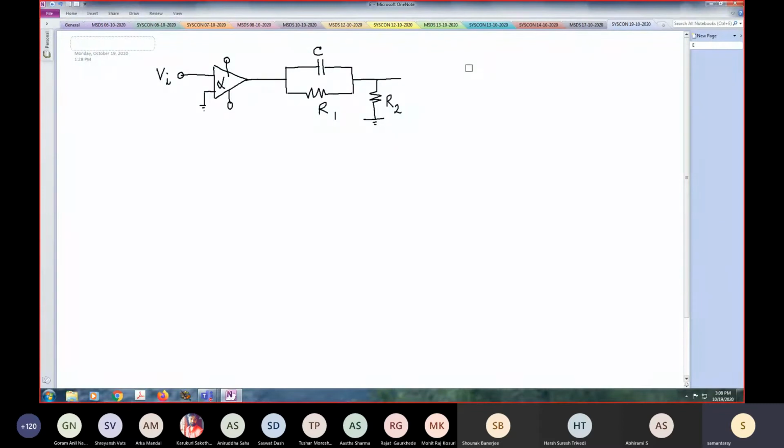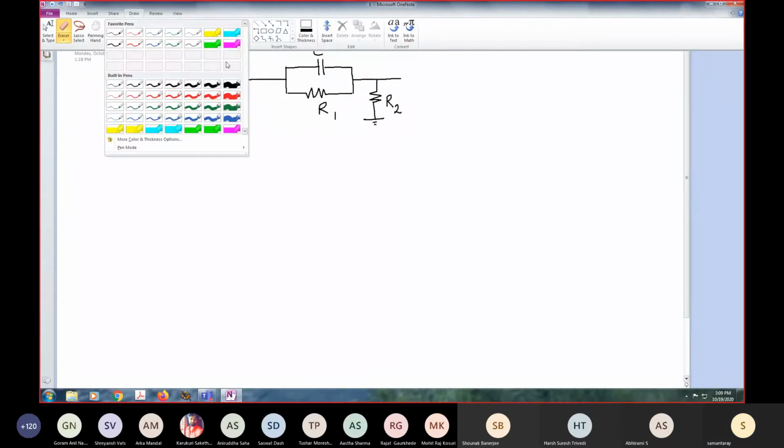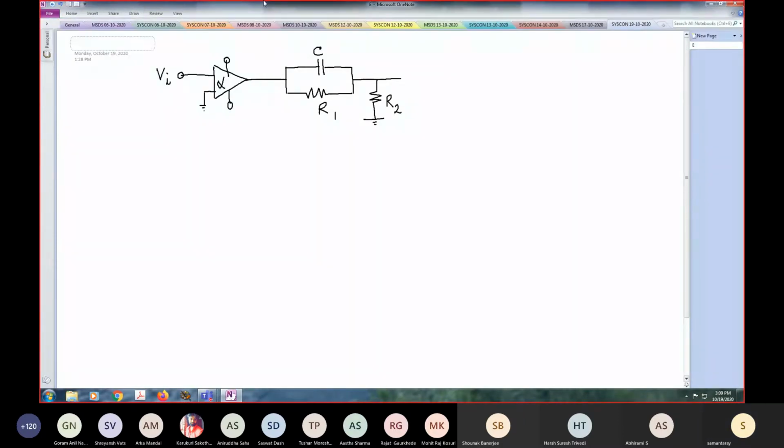I will put another op-amp here. This is another op-amp. Let's call its gain, let's say, beta. Output is VO.